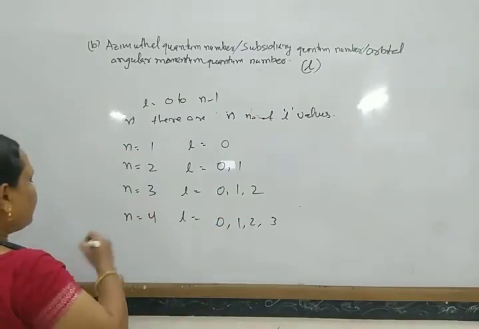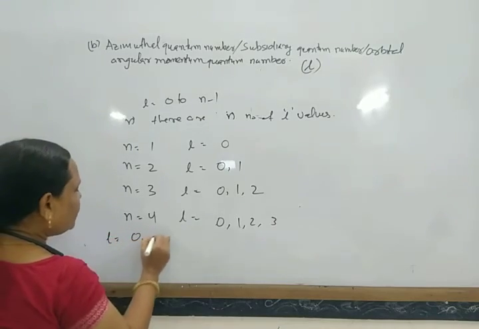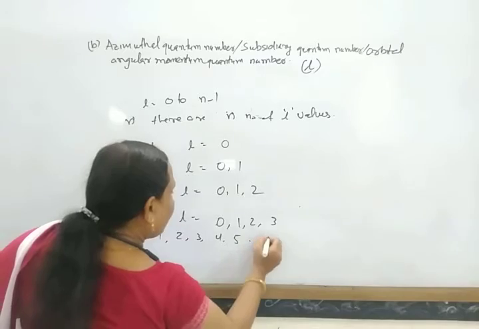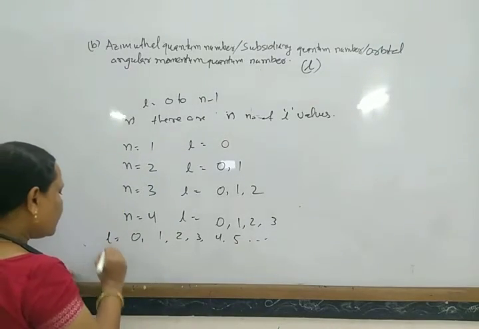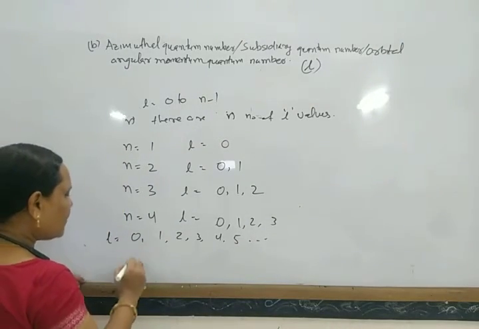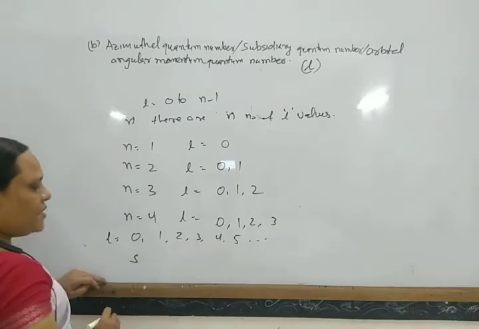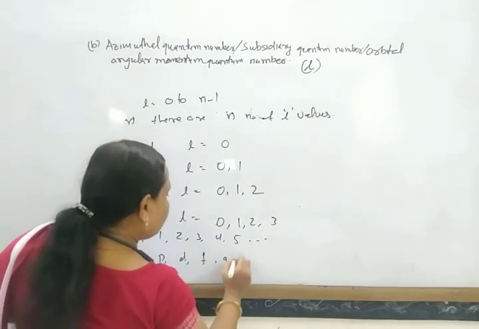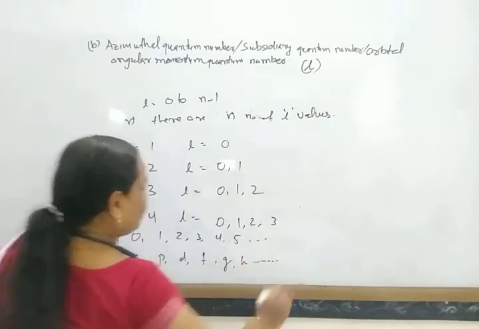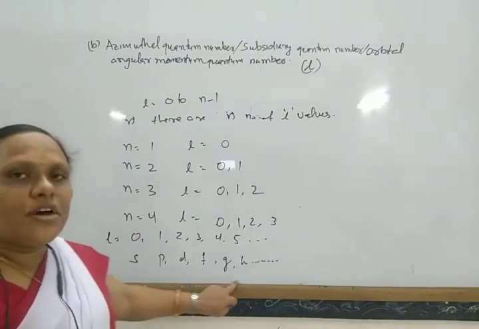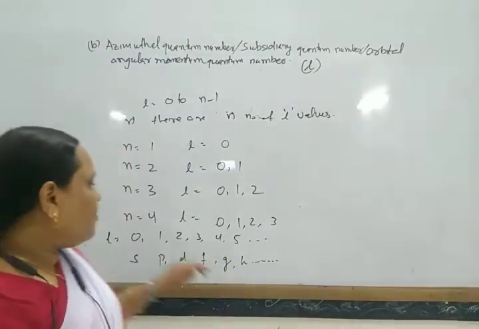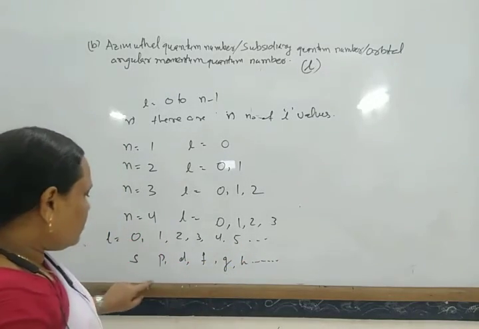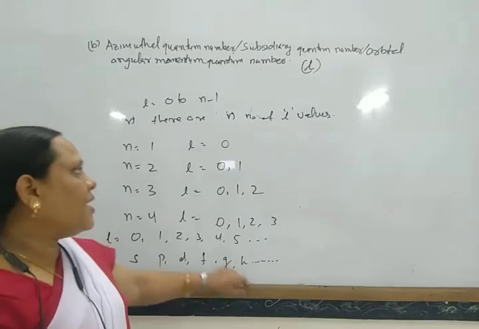For example, if the L value is 0, 1, 2, 3, 4, 5 like this, its subcells are represented as S, P, D, F, G, H like this. So for a particular value of L, there is some designation of the subcell.